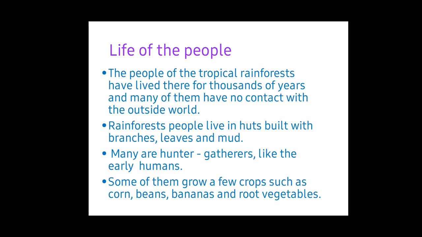So what do they do? Many are hunter-gatherers like the early humans. Some of them grow a few crops such as corn, beans, bananas and root vegetables. So these are the works they do in the forest.